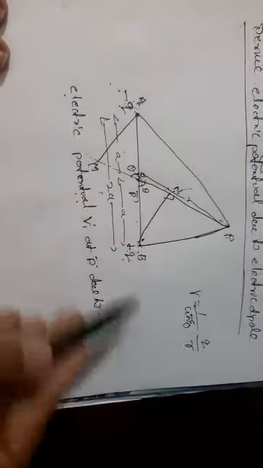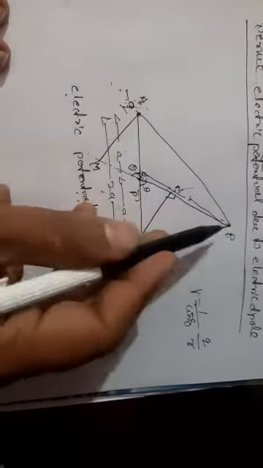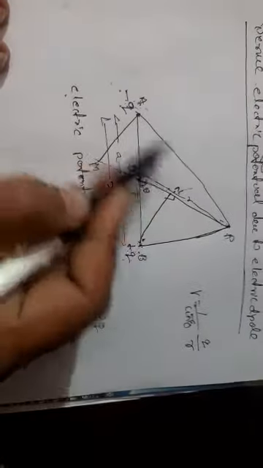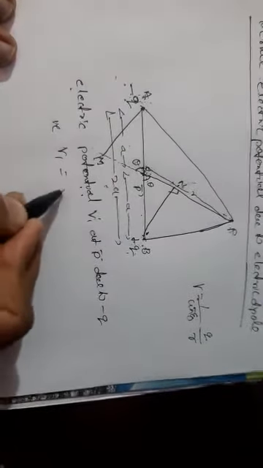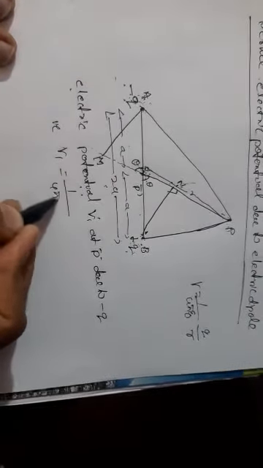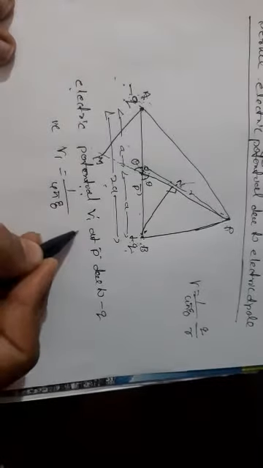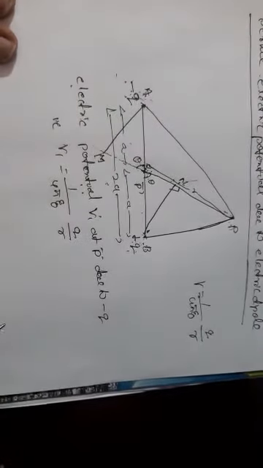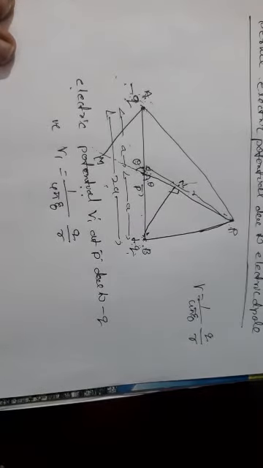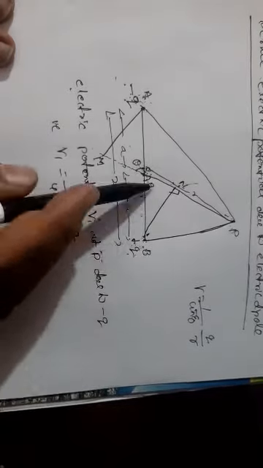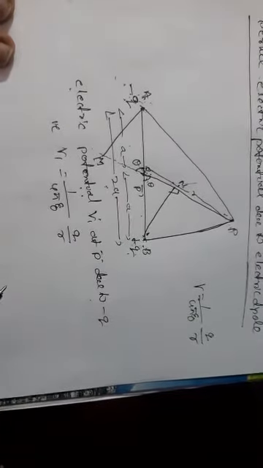AP is the distance, so r is AP. V1 is equal to 1 by 4 pi epsilon naught, q by r. That is the electric potential at point P due to the negative charge.